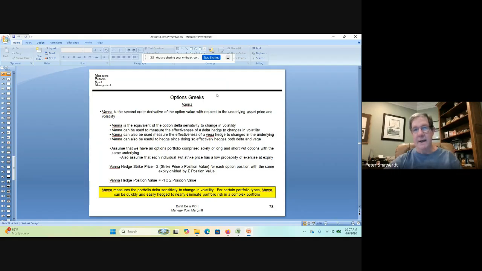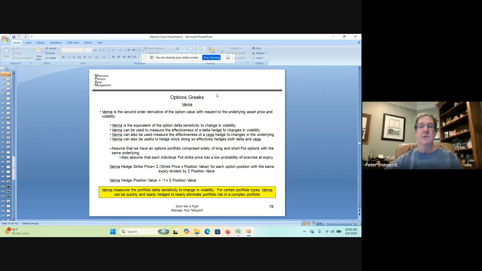So one can say that it is the partial derivative of delta with respect to implied volatility. Okay, those are equivalent. You can also say it's the partial derivative of vega with respect to the underlying. All of that's mathematically equivalent.